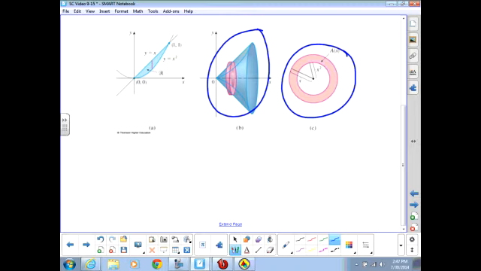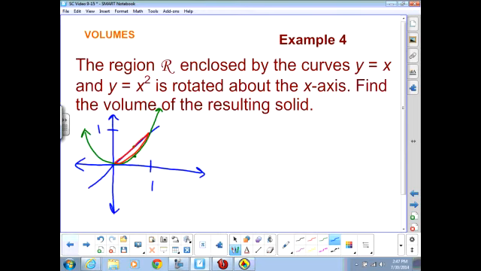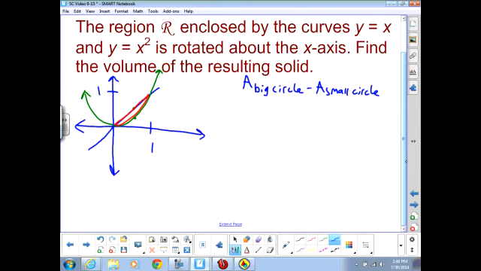To find the area of our face, we'll again do the area of the outer circle minus the area of the inner circle.